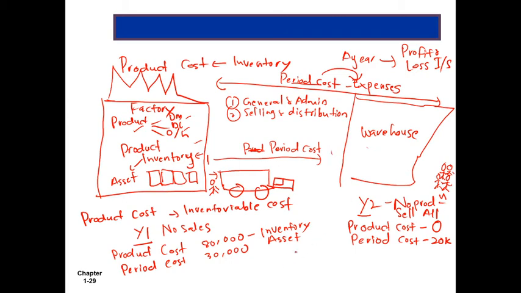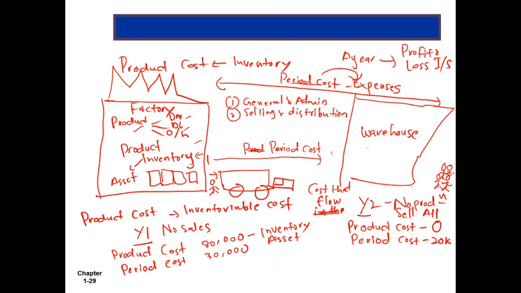When we sell, inventory product cost is actually the cost that flows in the business. Why would I say flow?